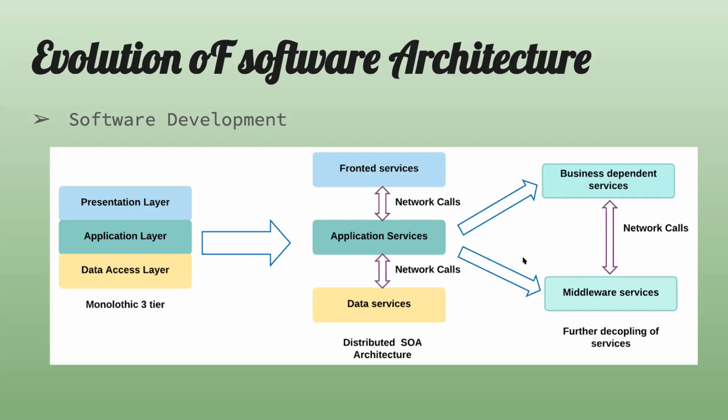The front-end service also talks to the application services through the network. In the earlier scenario, it did not go through the network. It was an interaction between processes within a single JVM, within a single VM. But here it is talking to these distributed virtual machines through network functions.